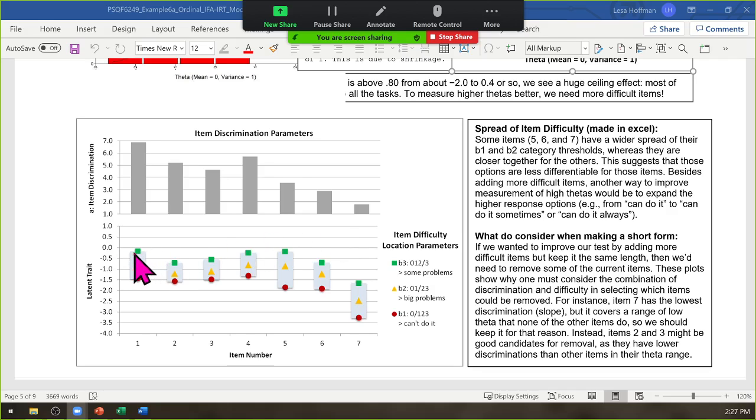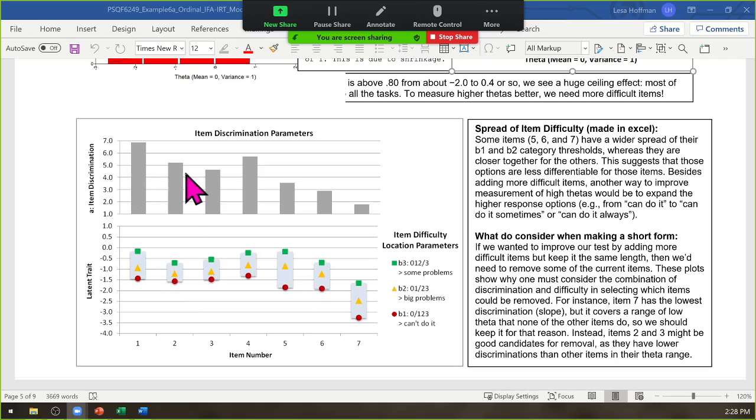Or we would need to extend the categories to something above can do it. I do this all the time, maybe, would be a higher response. Something like that.